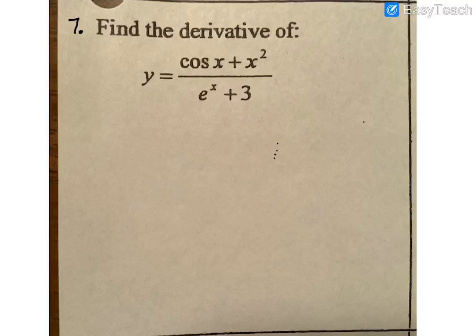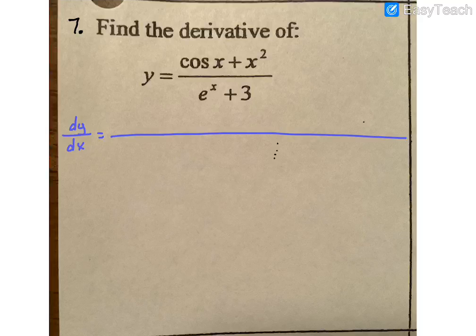So as I write this out, let's go for it. I'm going to write my derivative of y as dy dx. You could also write it as y prime if you want. I'm going to write myself a big old fraction bar, because I know I've got lots to write out. So the derivative of the numerator, the derivative of cosine x plus x squared.